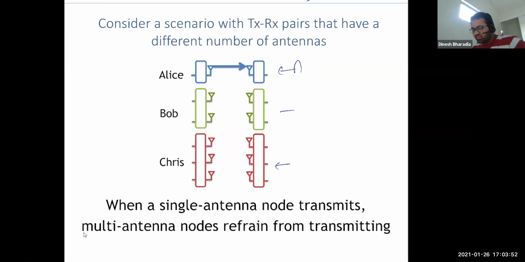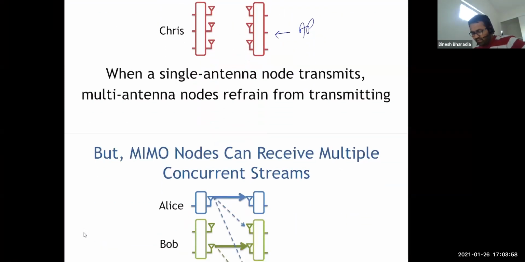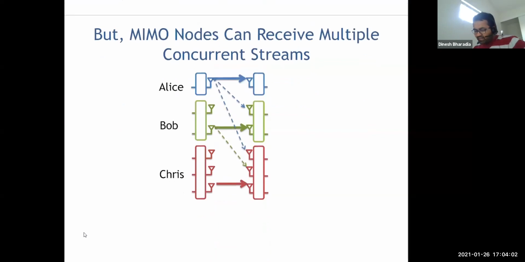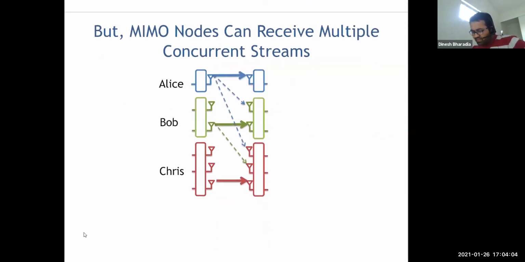Imagine these could be three different access points placed nearby. The problem is that when Alice transmits, the same signal also goes to Bob's receiver and Chris's receiver. And if Bob starts transmitting, that will also go to Chris's receiver, right?